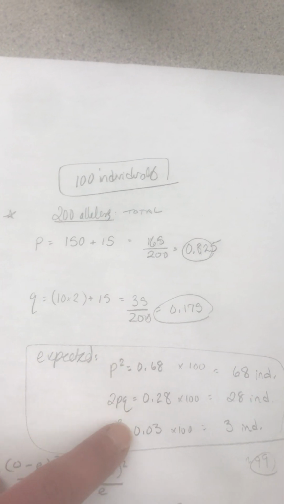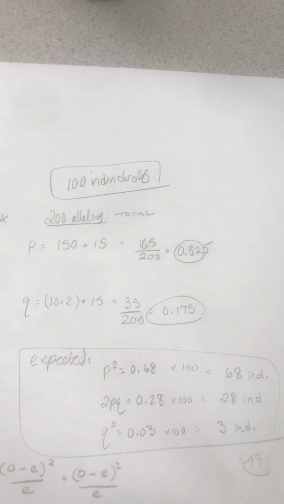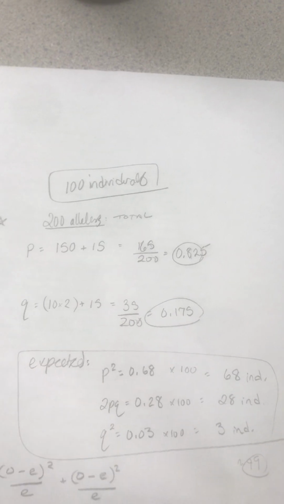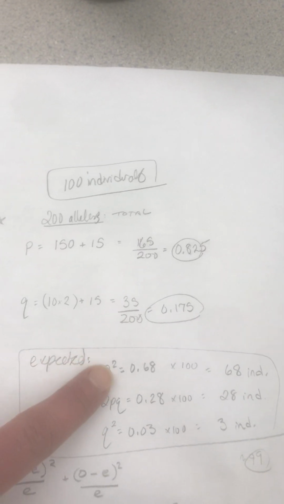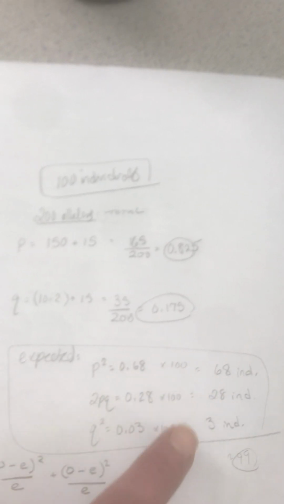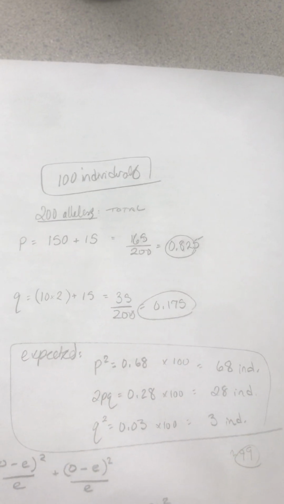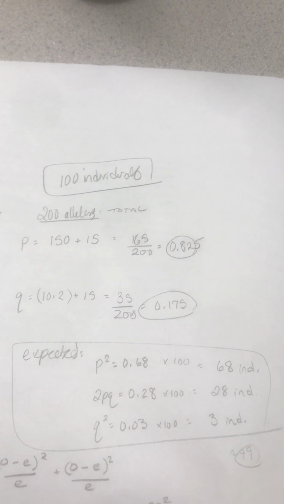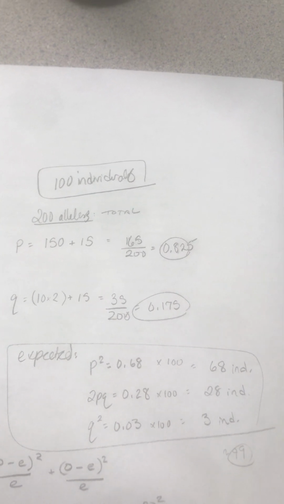Once we find the frequencies, we want to put this into whole numbers, to know how many individuals are in each. So we take each of these times 100. We end up with 68 individuals we expect to be dominant, 28 individuals we expect to be heterozygous, and 3 individuals expected to be q squared recessive.